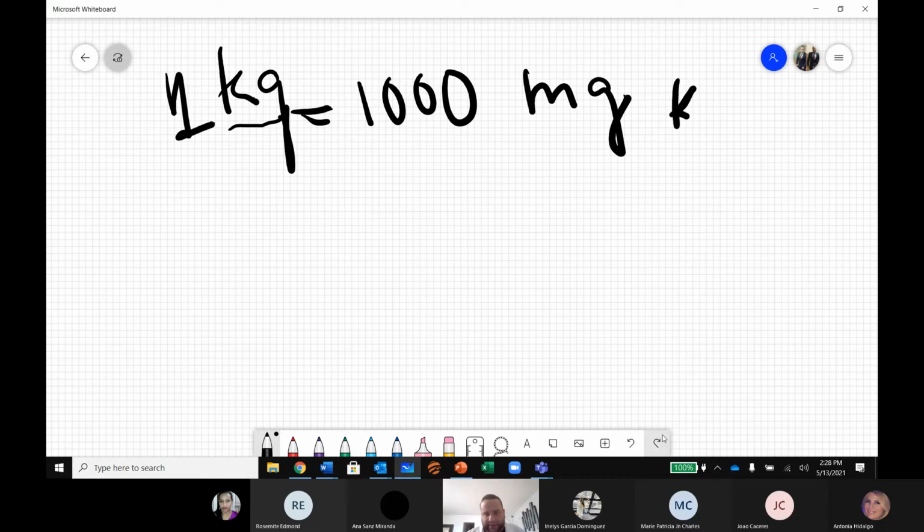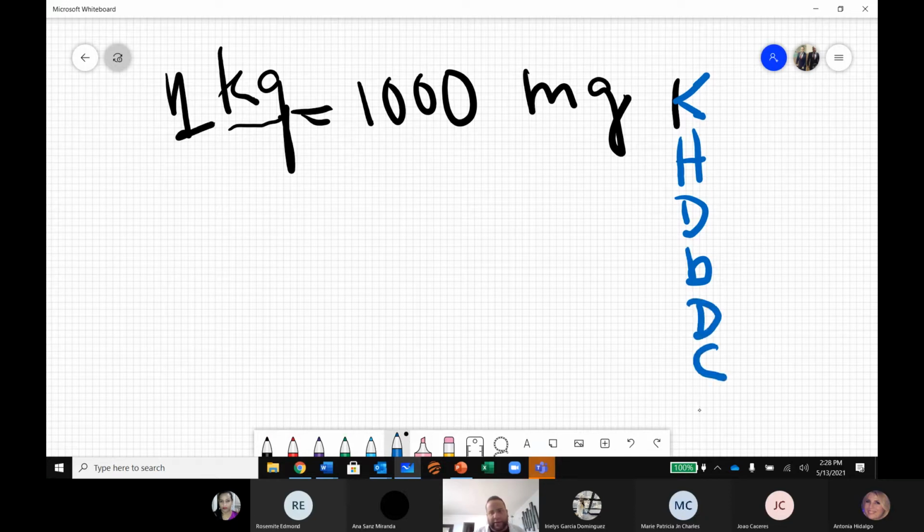Also, the best way to memorize this is the following. Look at this. King Henry died by drinking chocolate milk. The "by" is the unit in the middle. It will be grams, liter, or meter. Then kilo, hecto, deca, the unit in the middle, then deci, centi, and milli.